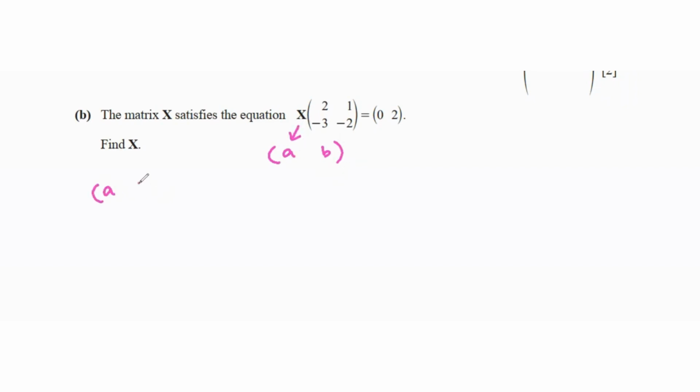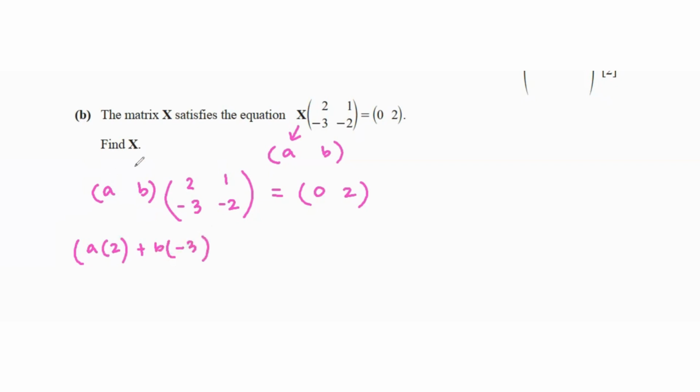So if we write A B times 2, -3, 1, -2 equal to 0, 2, and you multiply it, it's going to be A times 2 plus B times -3, and then A times 1 plus B times -2 equal to 0, 2.